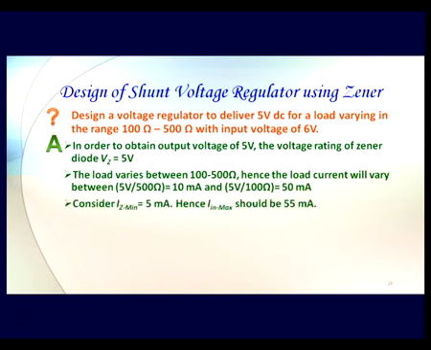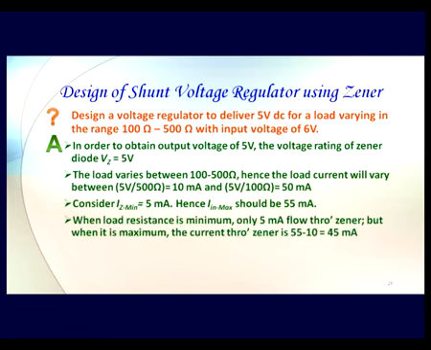So if IZ minimum, the minimum current required for the Zener to function as a voltage reference, is say 5 milliampere, then the input current drawn from my rectified output is 55 milliampere, because 50 is the maximum load current that I require and 5 milliampere I require for my Zener operation. So a total of 55 milliampere.